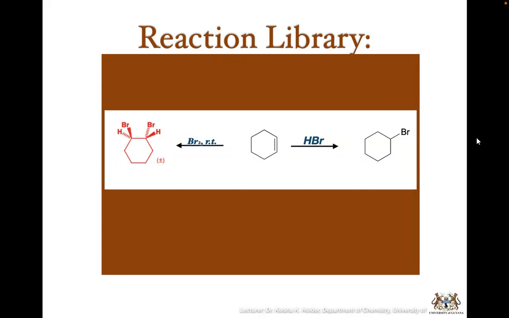But if we happen to want a molecule that has more than one, then we would use a different set of reagents, one that includes two atoms of that halogen. So in this case, we want to add two bromine atoms to our alkene in a 1,2 fashion. So the ideal reagent combination would be molecular bromine.